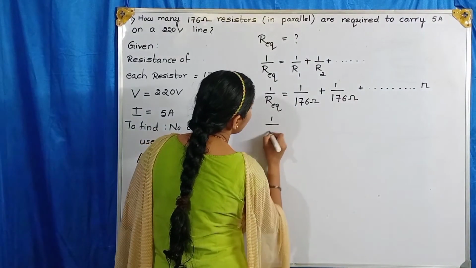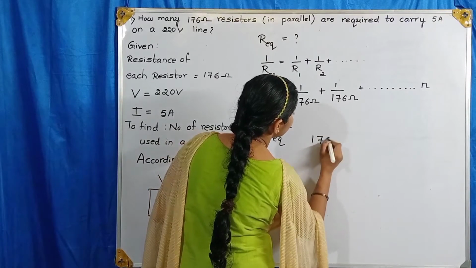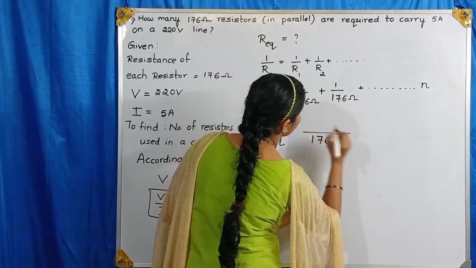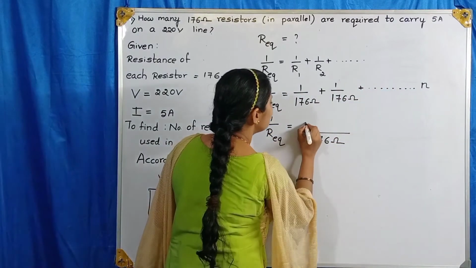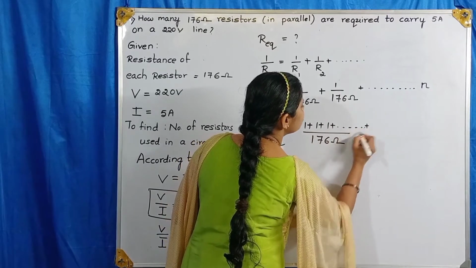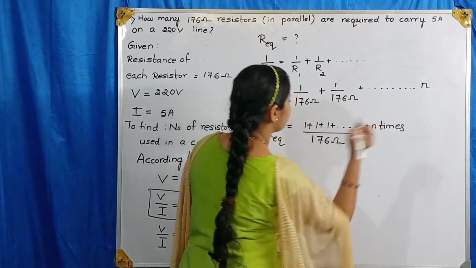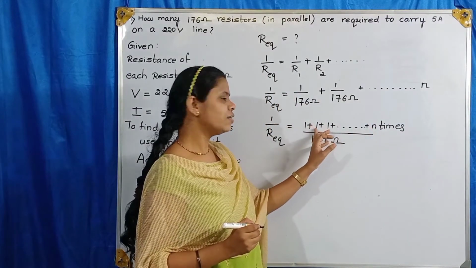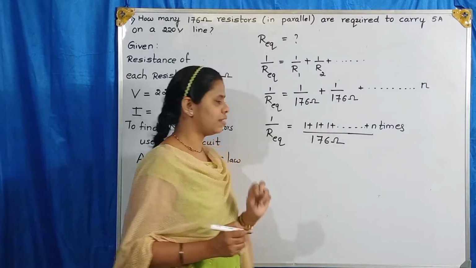That is 1 by R equivalent is equal to 1 by 176 ohm. See here, 1 is present n times, isn't it? 1 plus 1 plus 1 plus up to n times. And we know that if 1 is present n times, it is nothing but 1 into n.